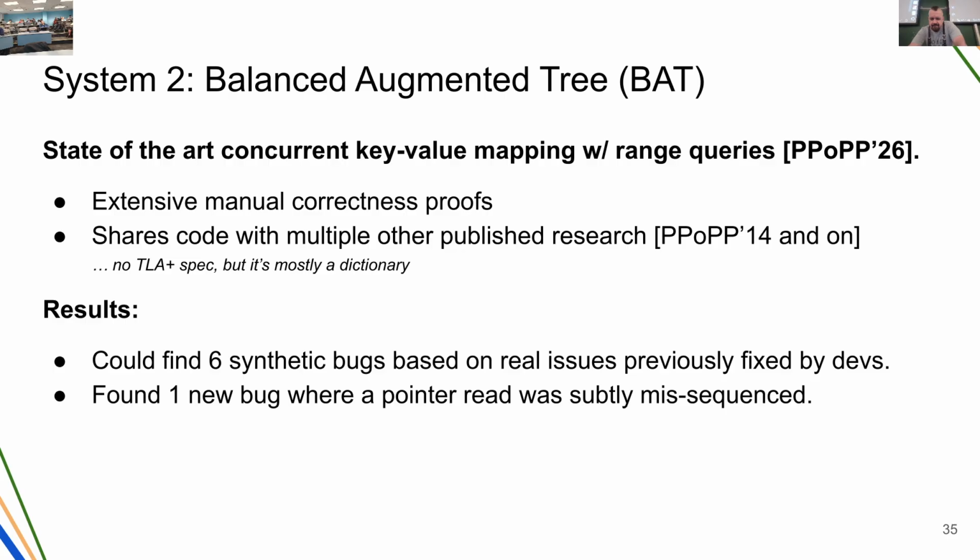So that's nice. In any case, we found 6 bugs they injected, at least we think we did. And we also found one new bug where they had missed one statement in their code, which was really hard to notice. Their proof had that statement, but their code didn't. And it would occasionally segfault, and that was really weird. We were able to find it thanks to our fuzzing and our checking of what the behavior was.